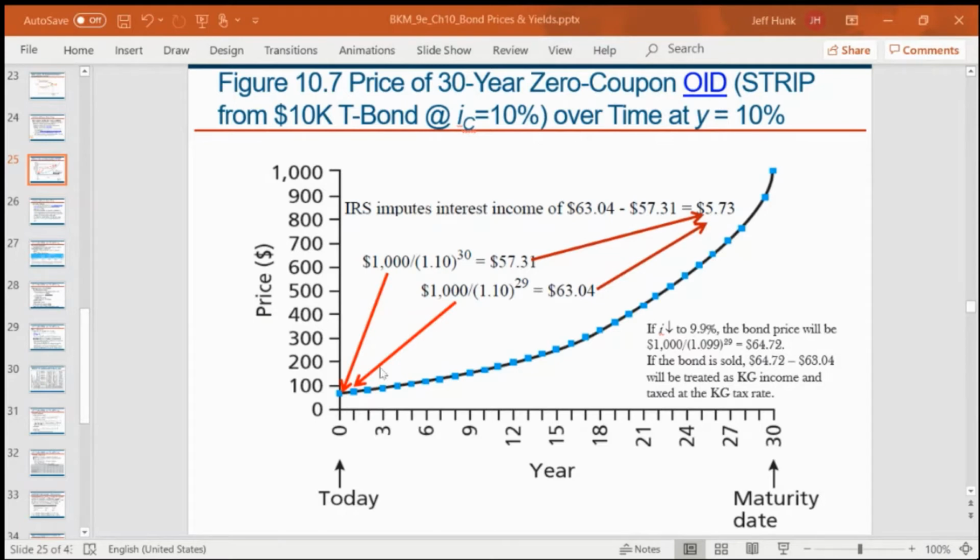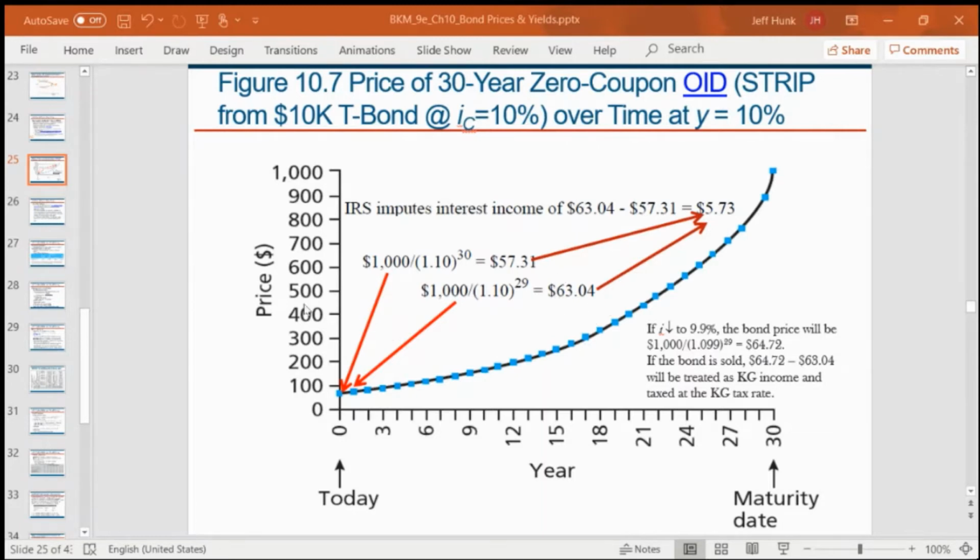Or another way of looking at it is that last coupon that you're going to receive 30 years from now, let's say you didn't sell it today, but 1 year later, its value will be 63.04. Yes, because you have 29 years left, discounted 29 years back.